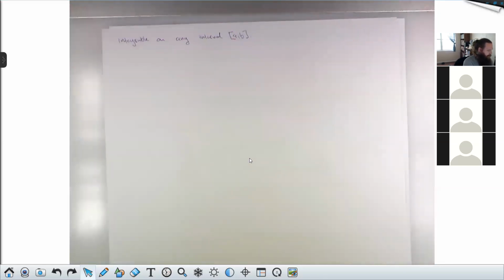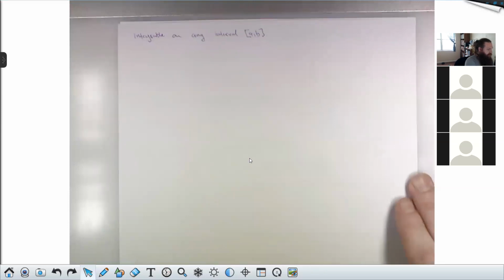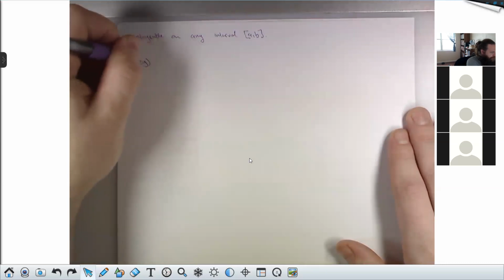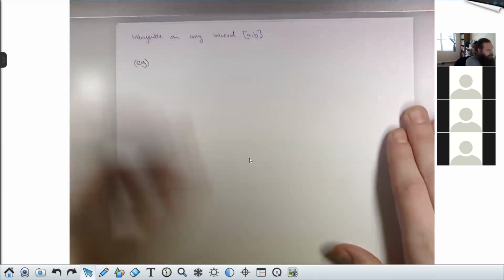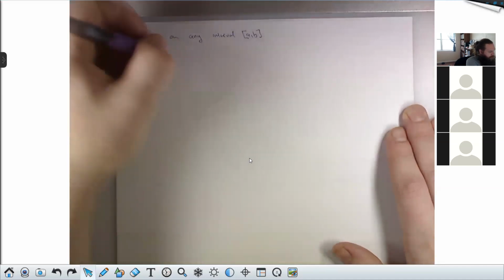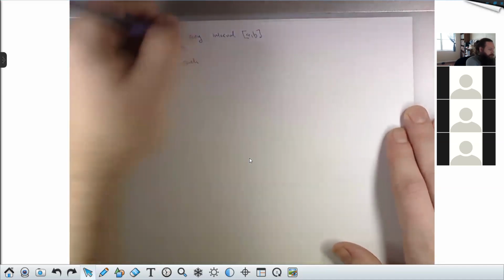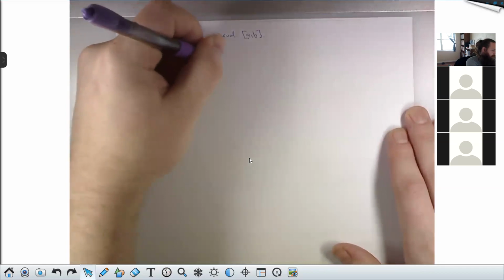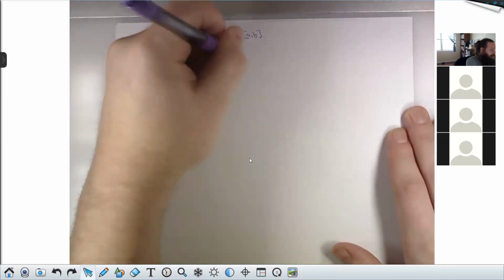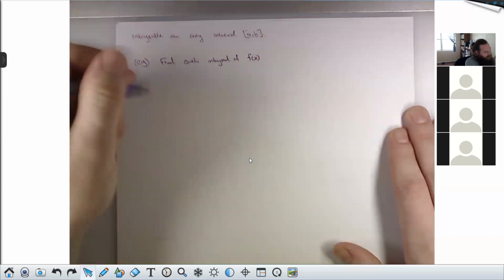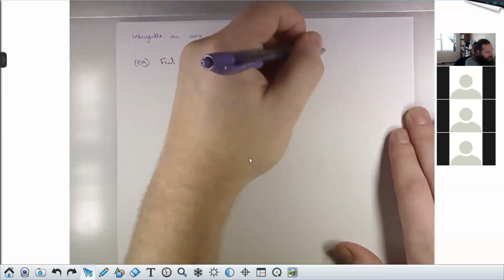Okay, let's play around a little bit with this concept of signed area. So I'm going to draw a graph.